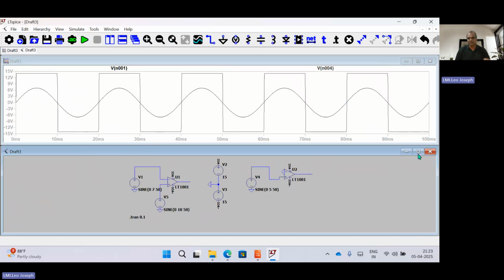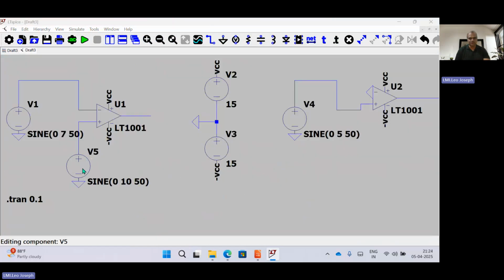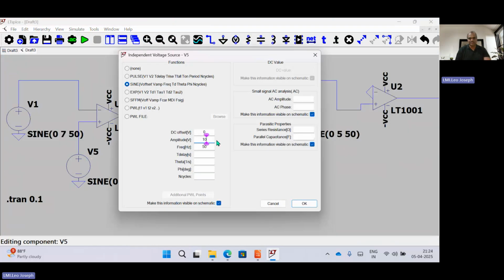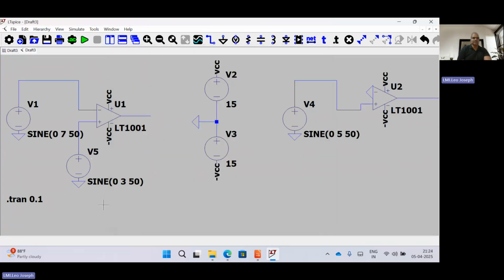Okay, sir, if I change this potential to a lesser voltage, instead of 10, I give 3. Then what happened? Now you can tell. Minus is greater than positive. The minus potential is greater than the plus potential.